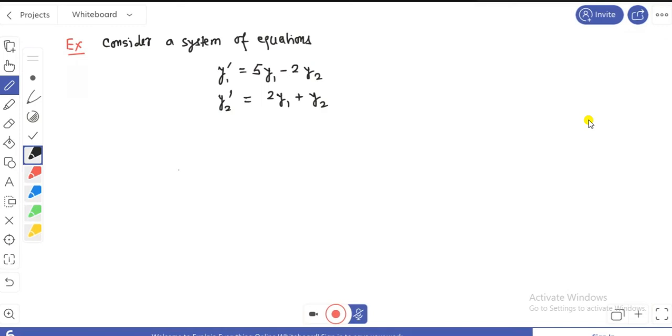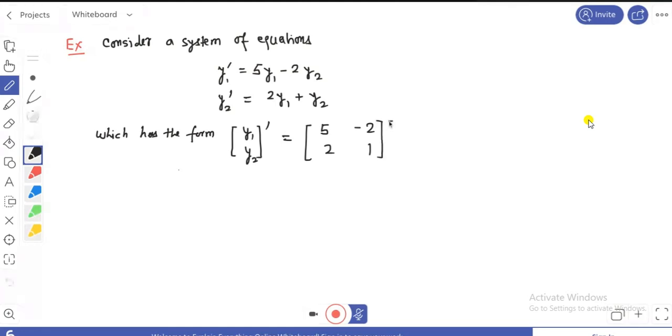Okay, so if this is your system of equations, you can write this in matrix form. So you can write it in the form (y1, y2) prime, which equals, this is constant coefficient, the matrix with rows 5, minus 2 and 2, 1, multiplied by (y1, y2).